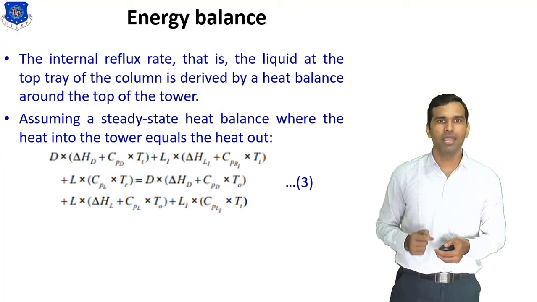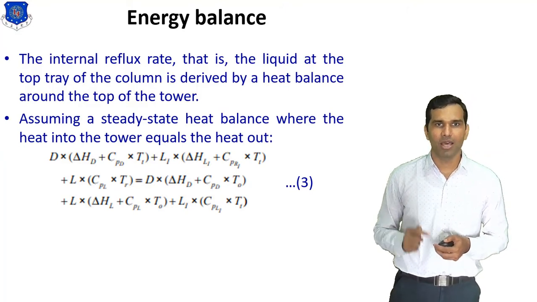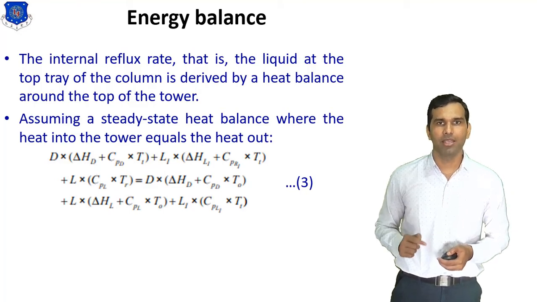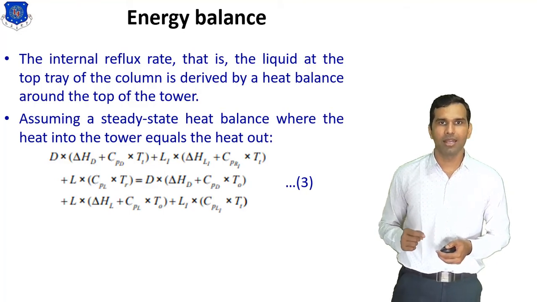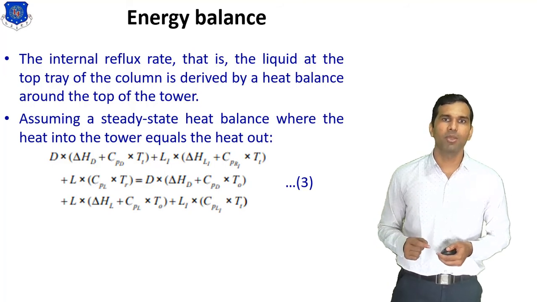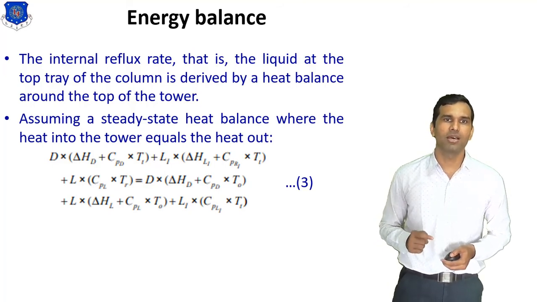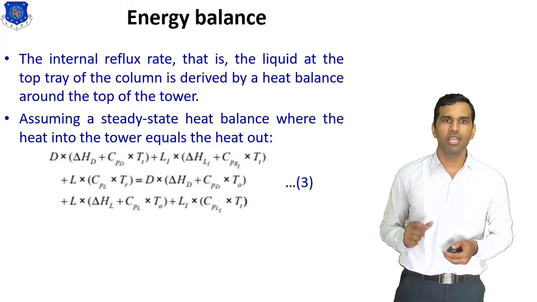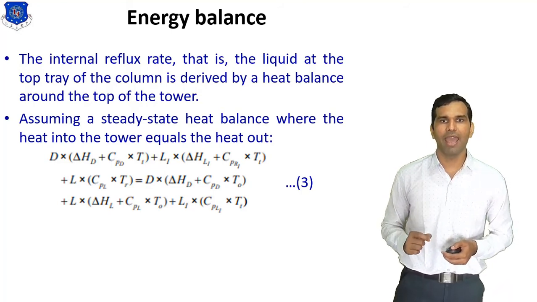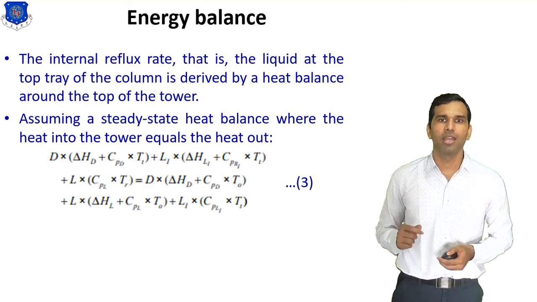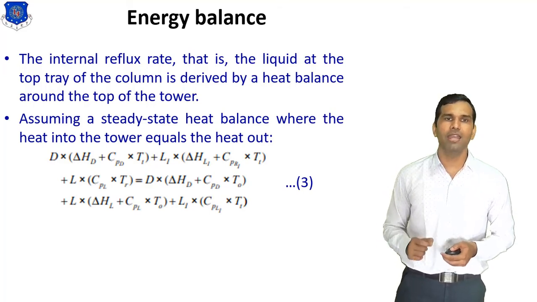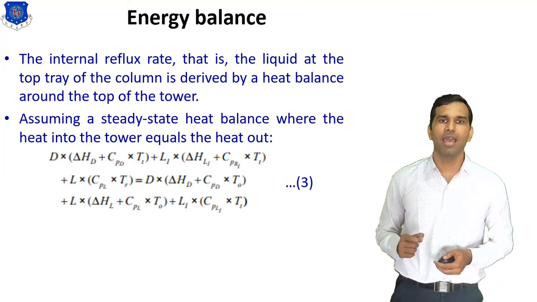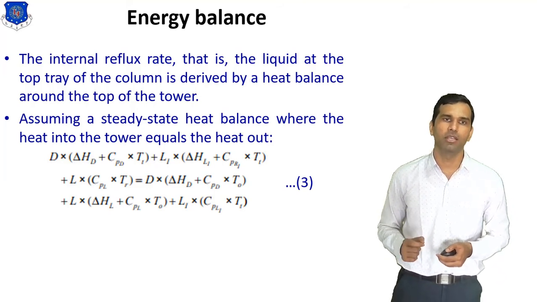D times (delta HD plus CPV times TI) plus LI times (delta HLF plus CPB times TI) plus L times CPL times TR is equal to D times (delta HD plus CPB times T0) plus L times (delta HL plus CPL times T0) plus LF times CPL times TT.